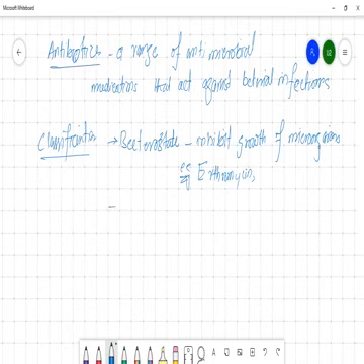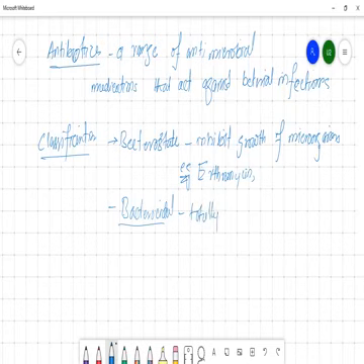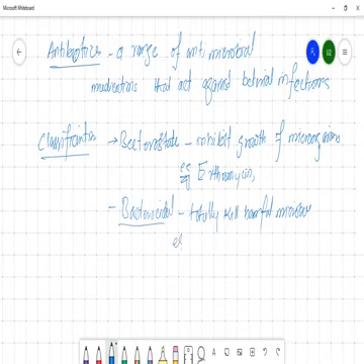Next class is bactericidal. So its name suggests that it totally or completely kills harmful microbes, right? For example, penicillin.